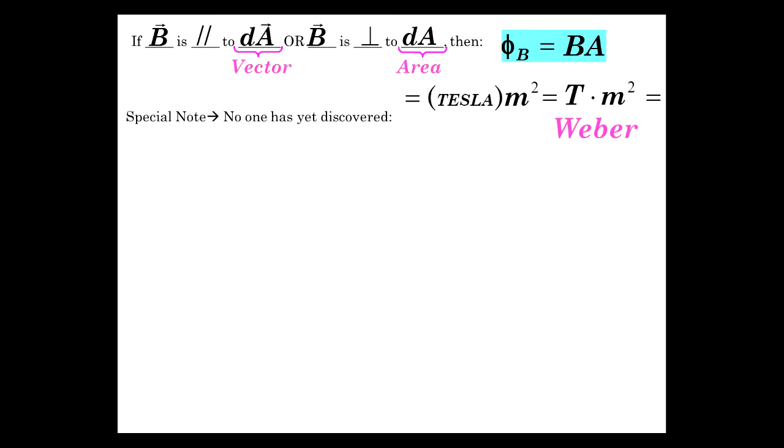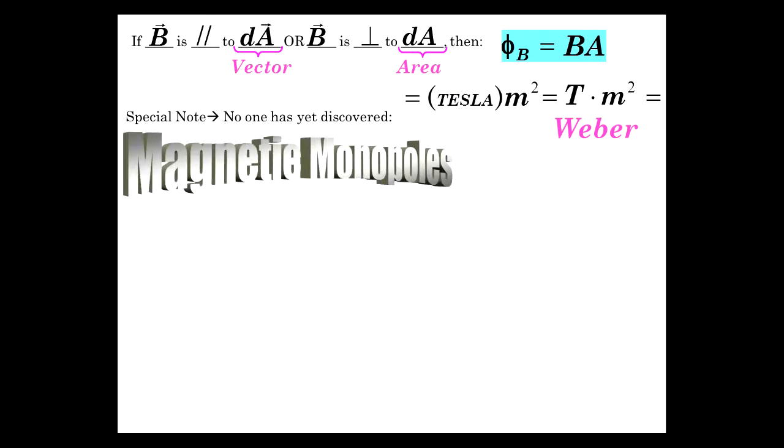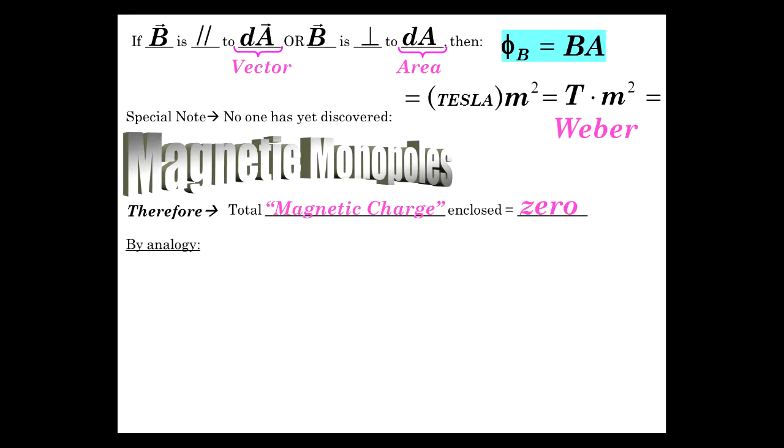Now, just to deviate momentarily, which is really important, we have never discovered magnetic monopoles. No magnetic monopoles. Therefore, the total magnetic charge, if you will, you might not have heard that term before. There's reasons for it. Magnetic charge is not something that's tossed around, because we don't know that there is such a thing. In fact, it's zero. So here's an analogy.